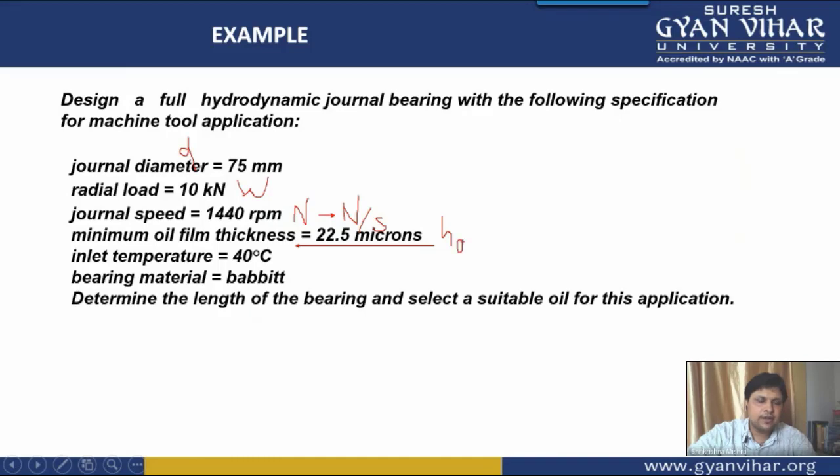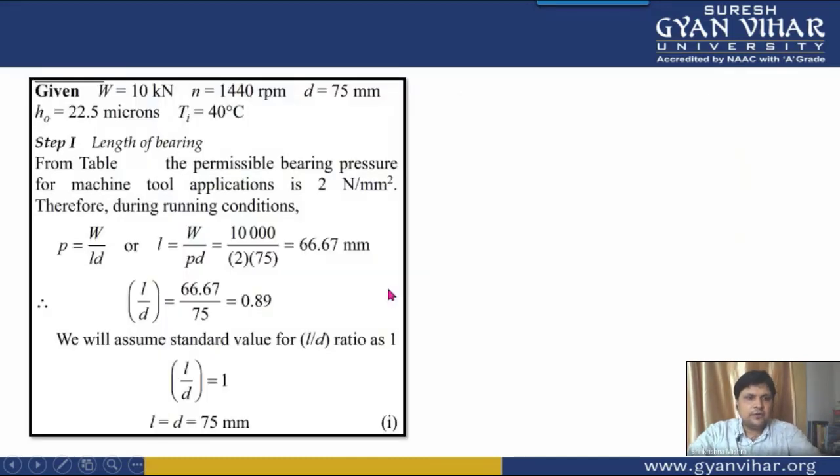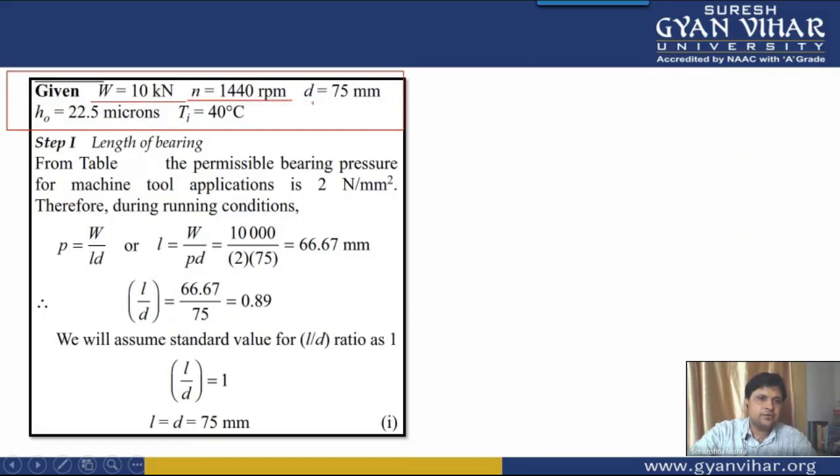Inlet temperature is also given. Based on that, we have to find the length of the bearing. First of all, we have listed all the values given in the numerical: W 10 kilonewton, speed 1440, diameter of the journal, minimum oil film thickness, and the inlet temperature.